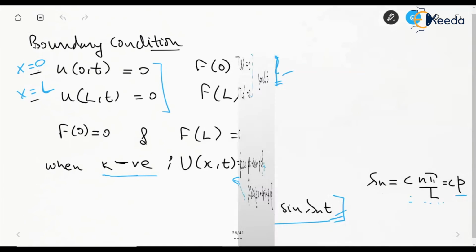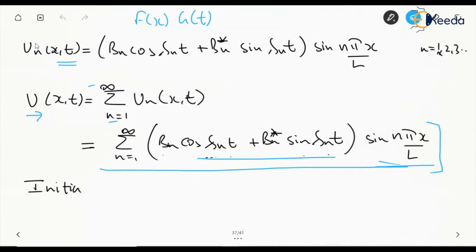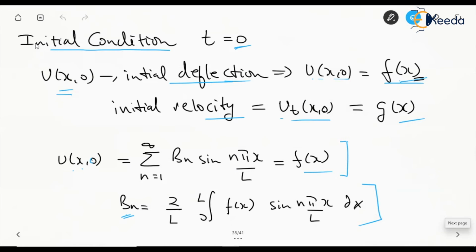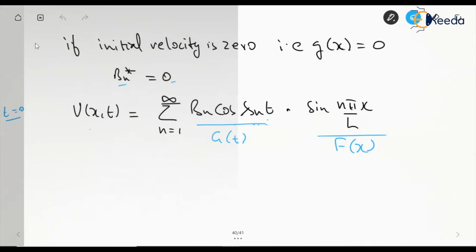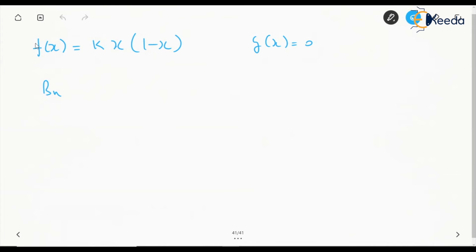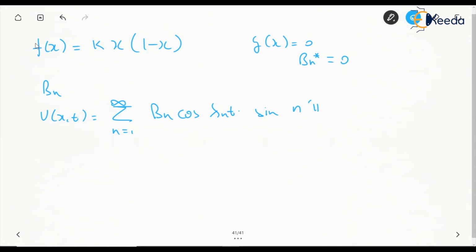Now getting back to the question, now that the initial velocity g of x is given as 0, we have seen that for g of x equal to 0, we will have this bn star equal to 0. So in that case, u of x,t becomes summation from n equal to 1 to infinity bn cos lambda n t into sine n pi x by L. Yes, this is what we are going to get.